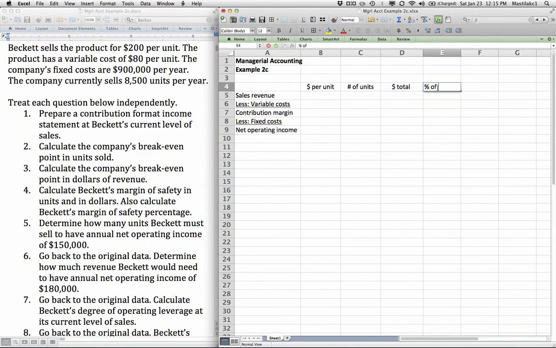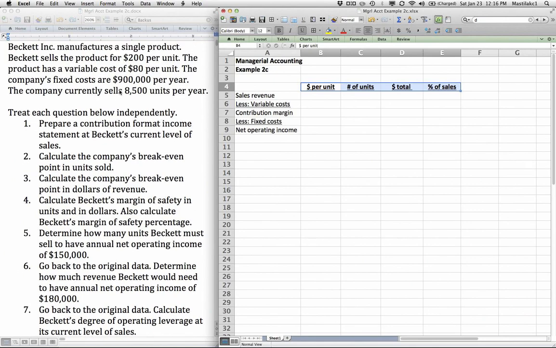And our final column is going to be percent of sales, and this is where we are going to include things like our contribution margin ratio and our variable cost ratio if we want to include that.